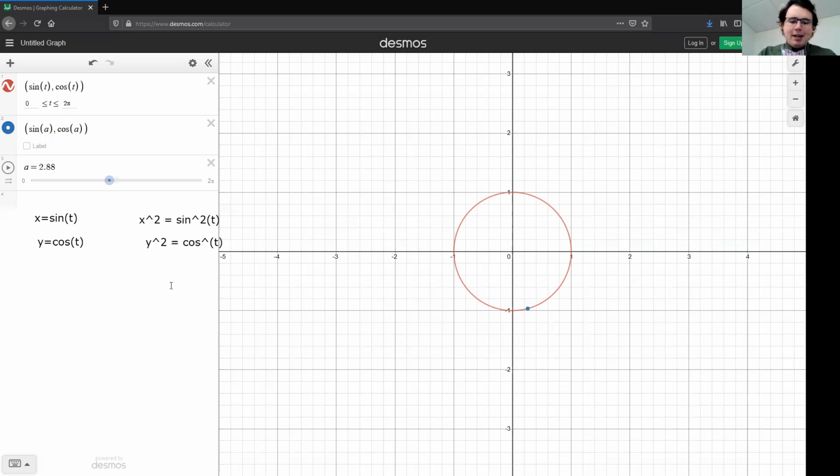And if I add these together, x squared plus y squared equals 1. No more t's. So given the right formula, I should be able to rewrite this and have some relationship between my x's and y's written with no t's involved. I would call this process removing the parameter.